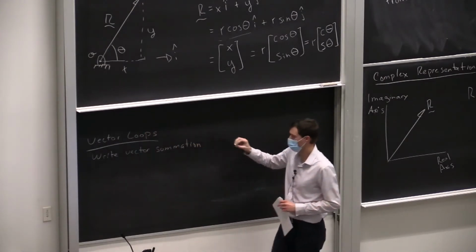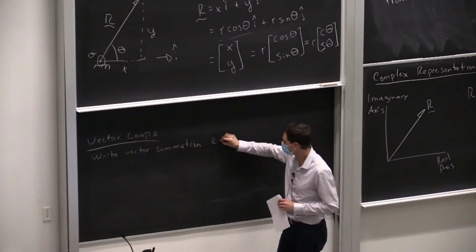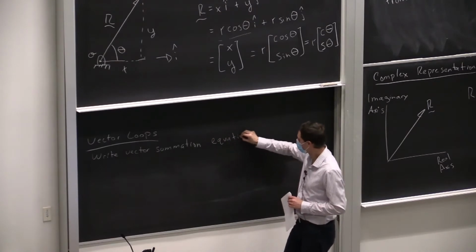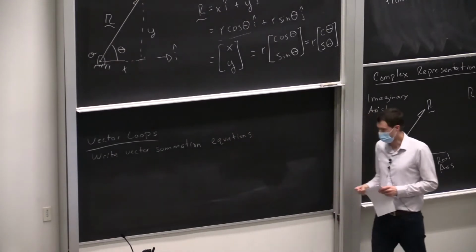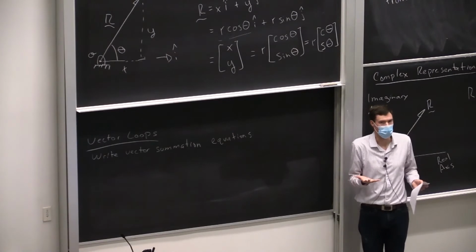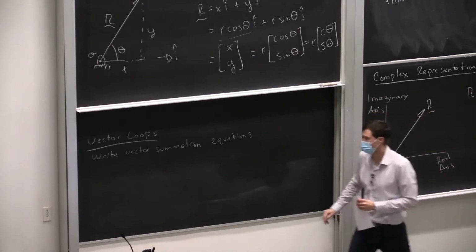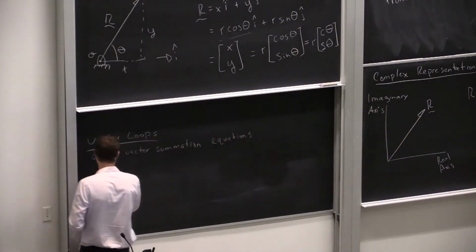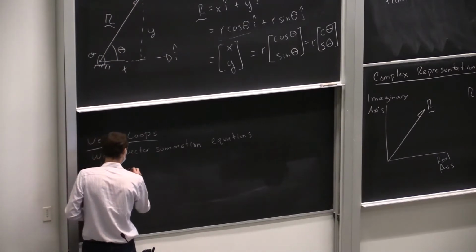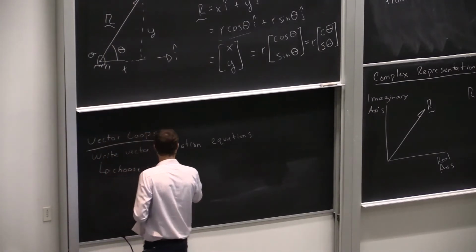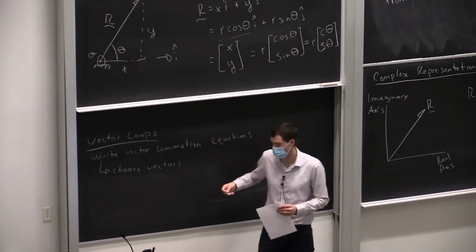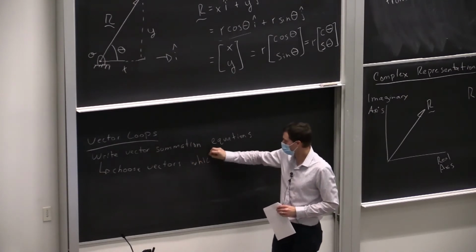We're going to sum up a bunch of vectors into an equation, and these need to describe the mechanism motion. So we're going to choose what vectors to put on our mechanism. We're going to choose vectors which capture all of the mechanism motion.